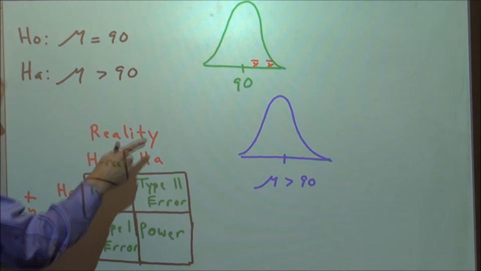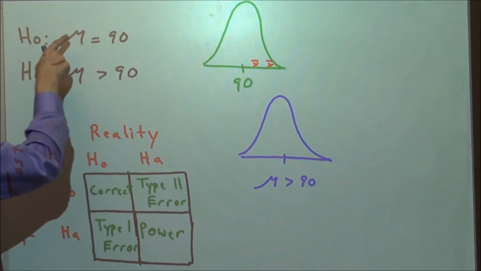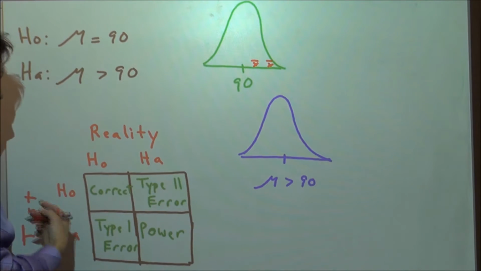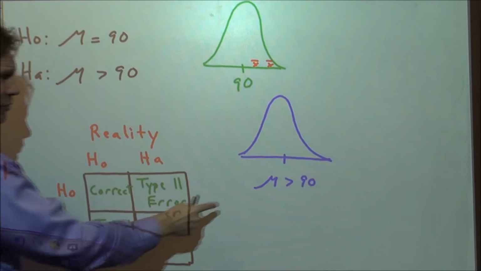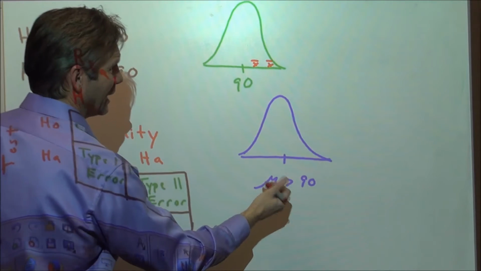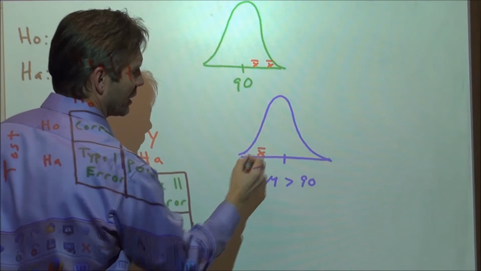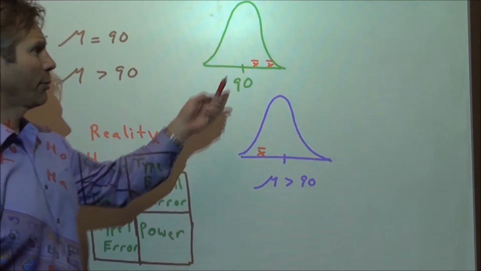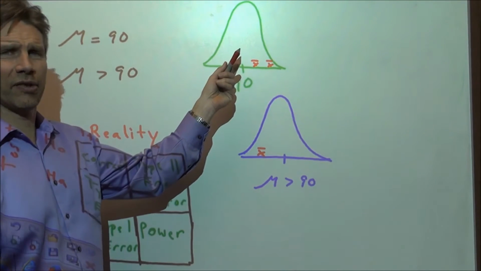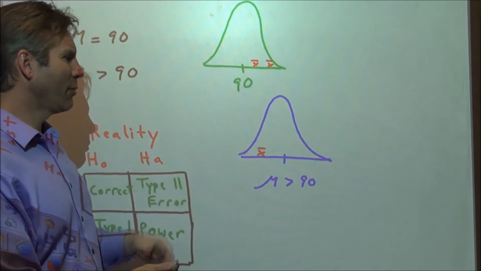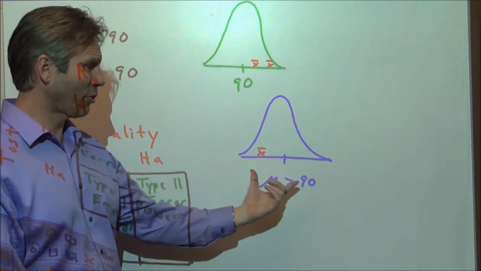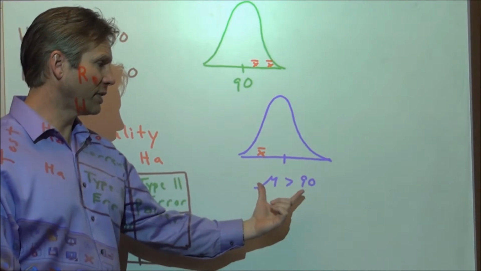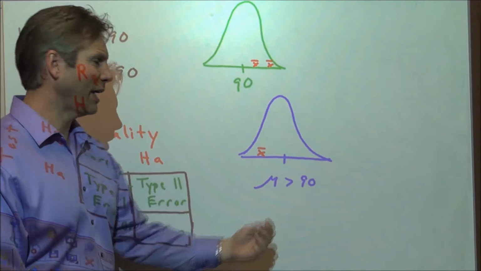Well, we would go with the null, but we'd be wrong. We'd be making a type 2 error. So if the alternative was true, the mean was really above 90, but we got a fairly unusually low sample mean, which caused us to fail to reject the null, then we failed to conclude the correct idea, which was that the mean wait time is more than 90 seconds.